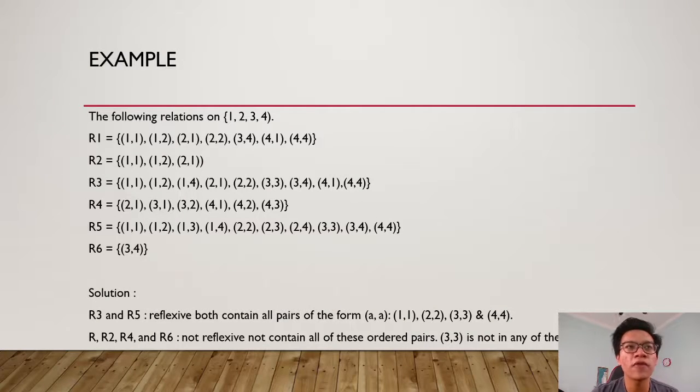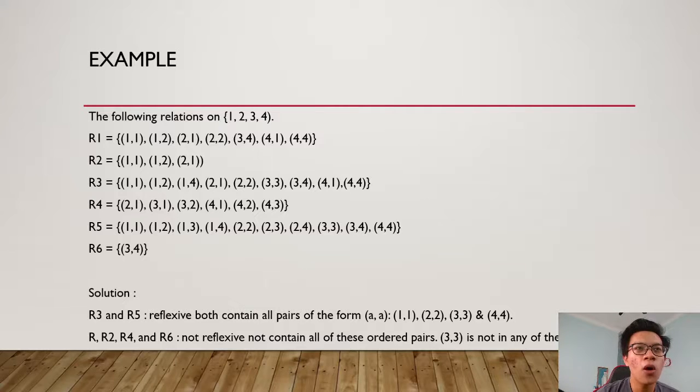So for example, we have the following relations R1 to R6. R1 is (1,1), (1,2), (2,1), (2,2), (3,4), (4,1), and (4,4). R2 we have (1,1), (1,2), and (2,1), and R3 we have (1,1), (1,2), (1,4), (2,1), (2,2), (3,3), (4,1), and (4,4).